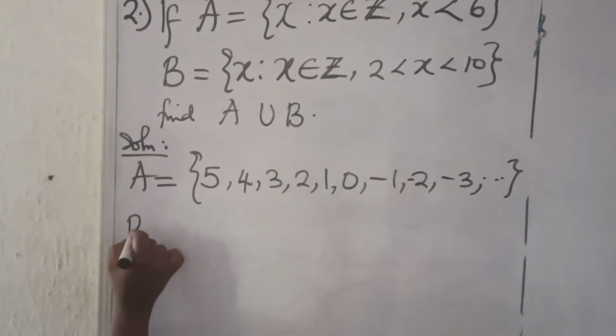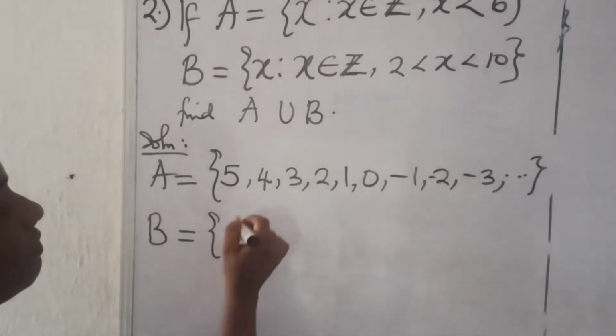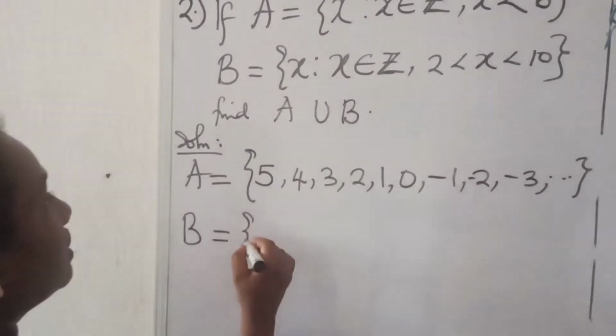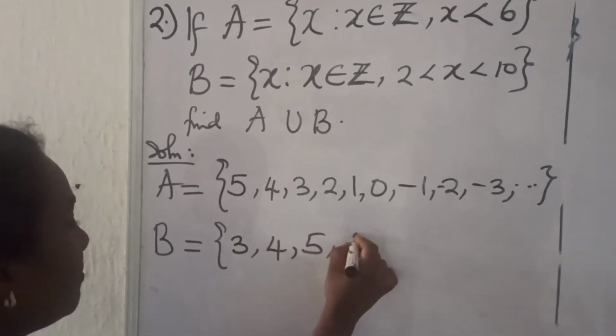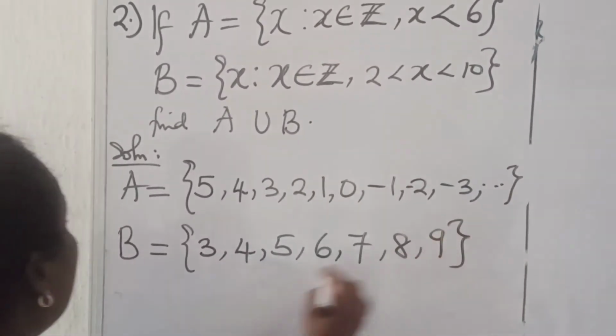Then set B is equal to numbers that are greater than 2 but less than 10: 3, 4, 5, 6, 7, 8, and 9.